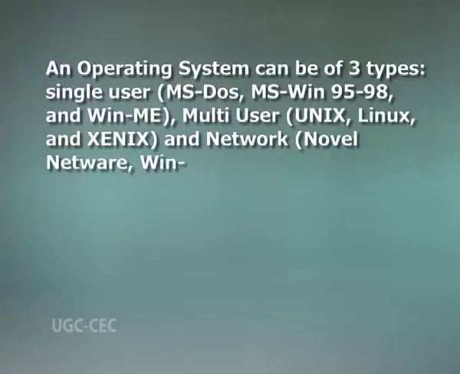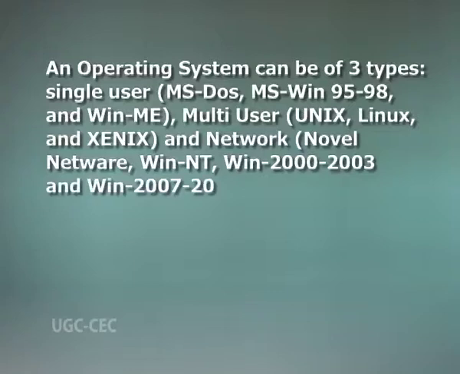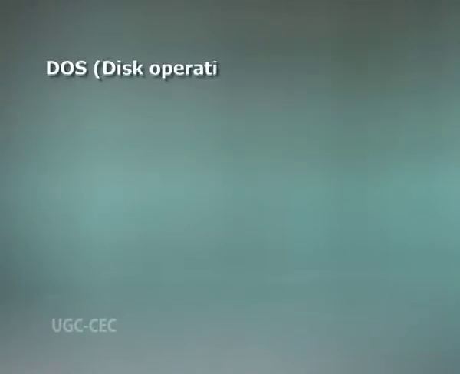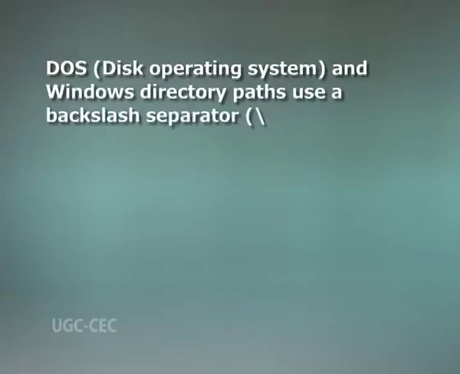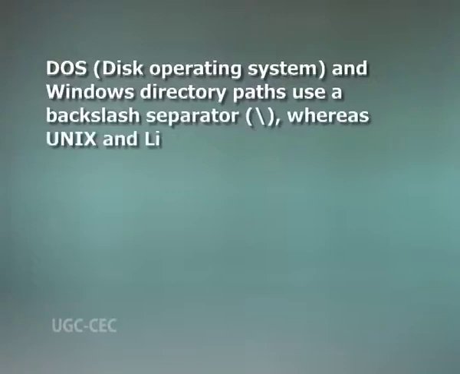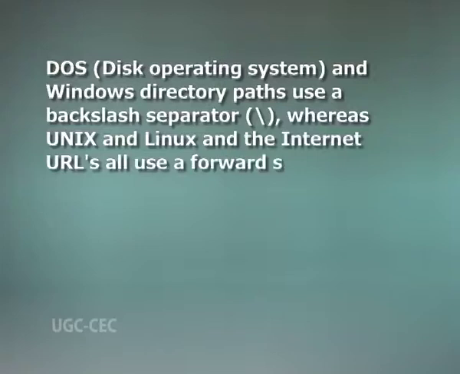The third is network such as Novell Network, Win 98, Win 2000 to 2003 and Win 2007 to 2008. DOS, that is Disk Operating System, and Windows directory path uses a backslash separator, whereas Unix and Linux and the internet URLs, that is Uniform Resource Locators, all use a forward slash.